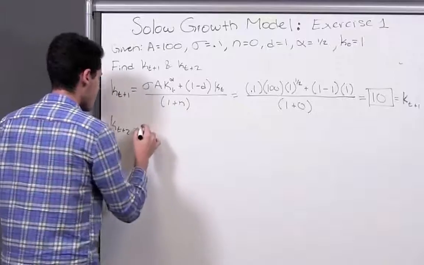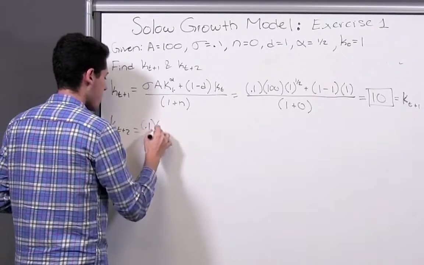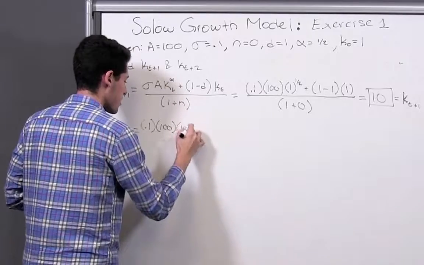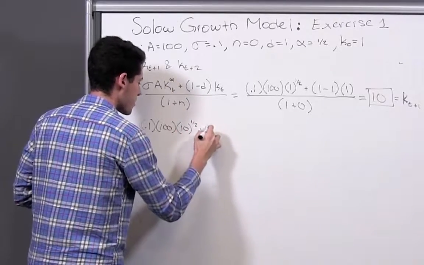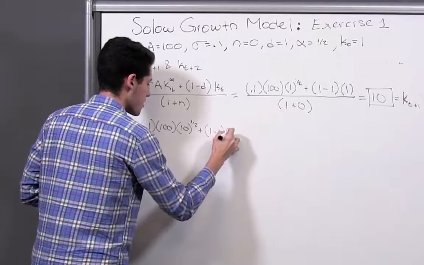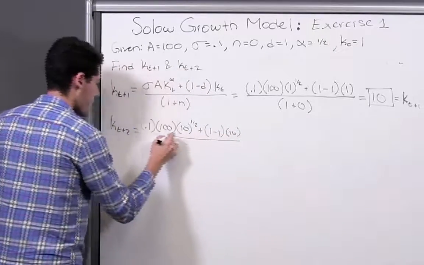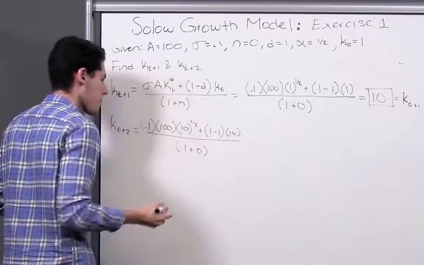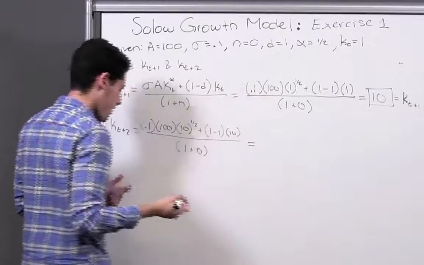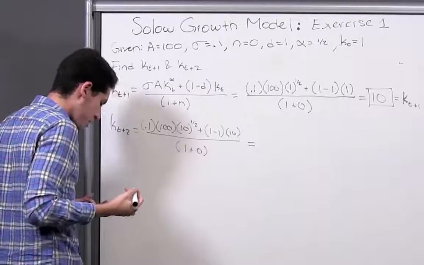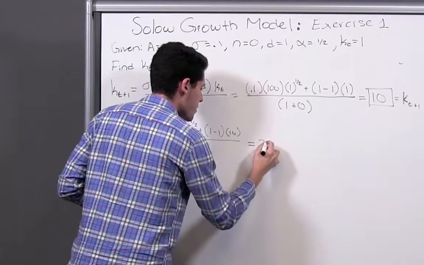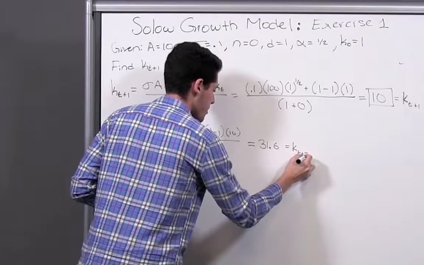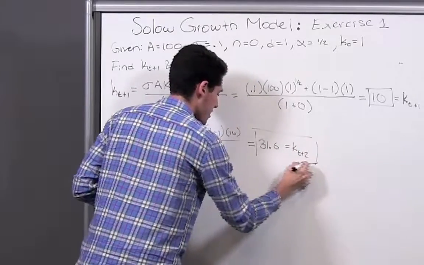And it'll be the exact same problem. 0.1 times 100 times 10 to the 1/2 plus 1 minus 1 times 10, all of that over 1 plus 0. And with that, we will find out that capital in the second time period is about 31.6. So that's capital per capita the next time period.